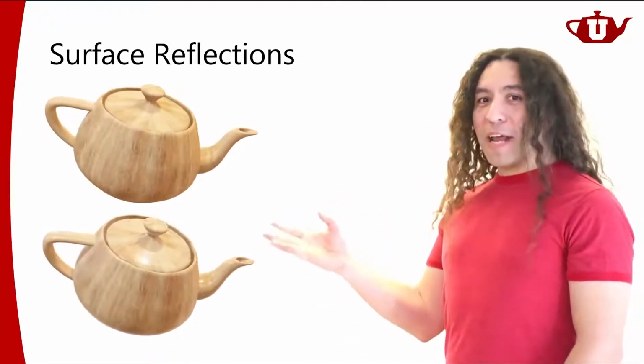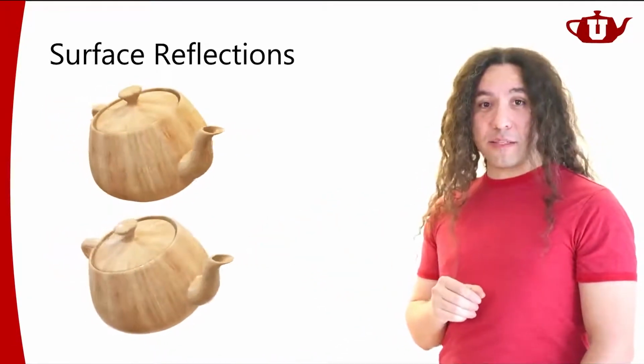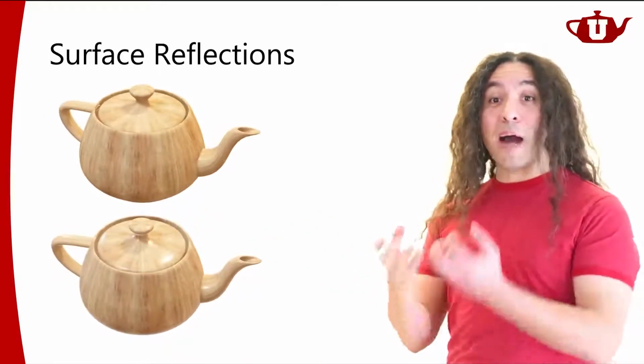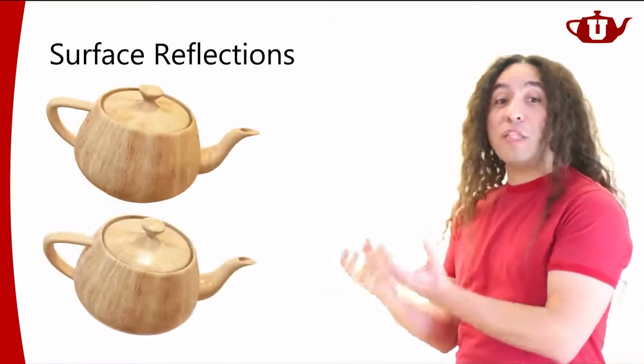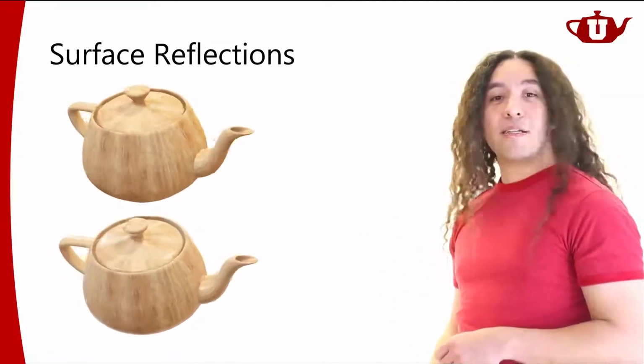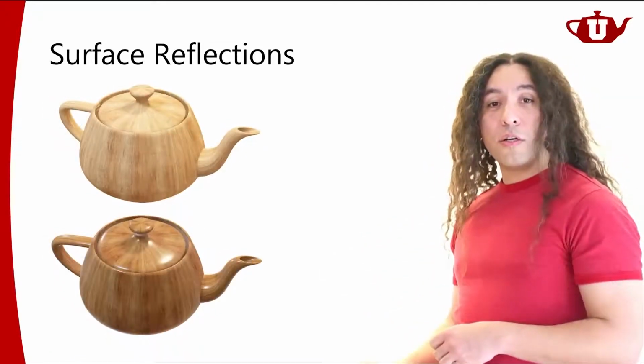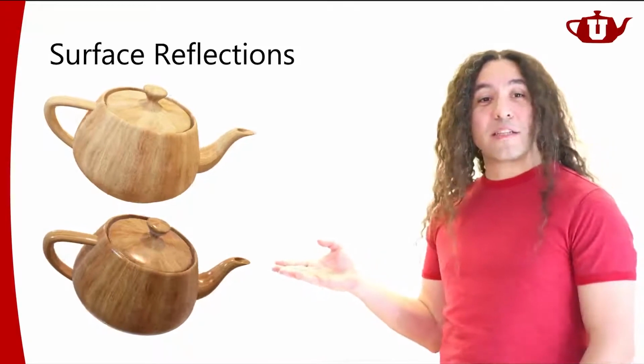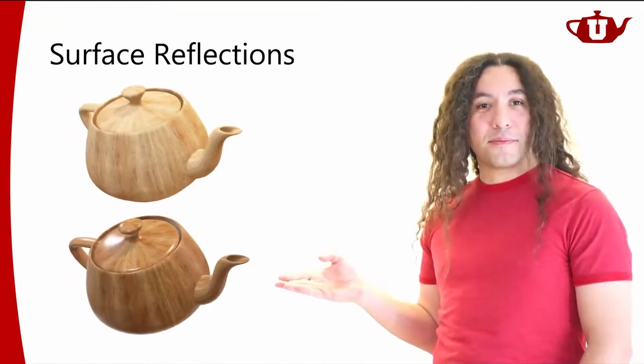So if I'm going to have some specular reflections on this surface, that is going to come out of something. I'm going to have to reduce the diffuse reflections. So my teapot should look a little bit darker now, right?